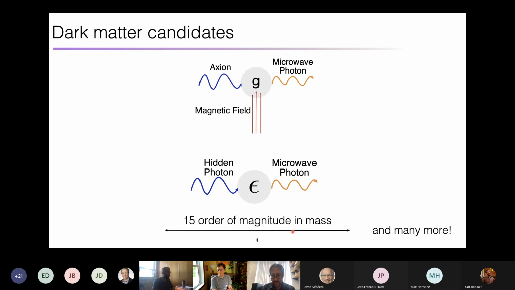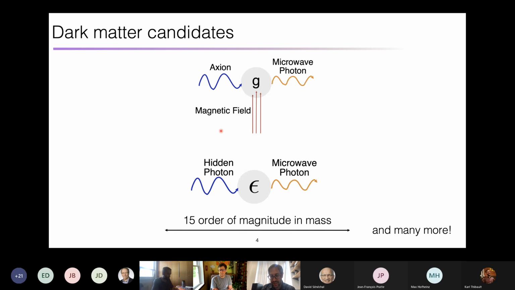These overall go by the name of WIMPs. These have mass, but they're very light. So it could be an electron volt, but it could be even 15 orders of magnitude less than that. So we don't really know, and that's the difficulty in the search space.